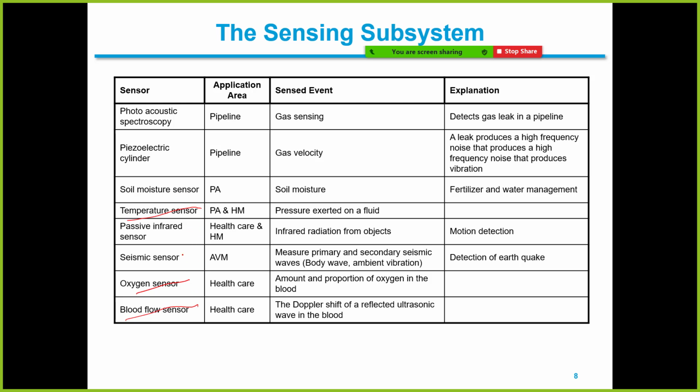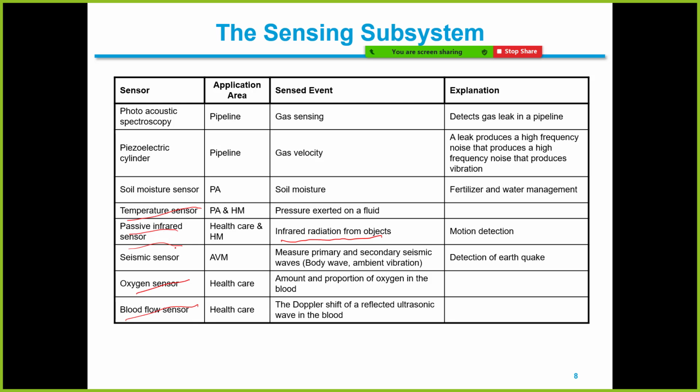Here you can see there is another sensor, the passive infrared sensor. This one can detect the infrared radiation from objects. Actually I use this kind of sensor a lot in my human sensing research.